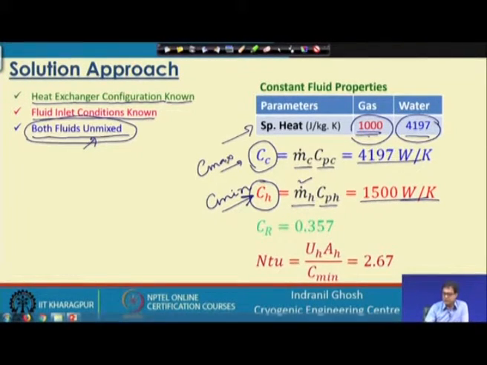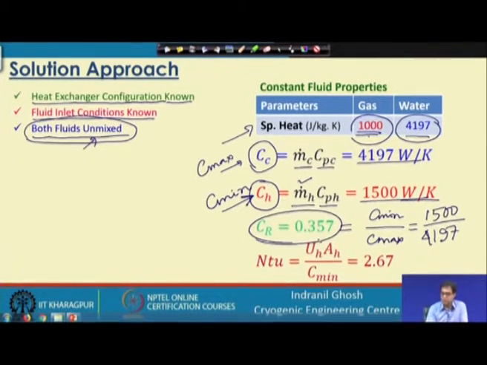So, accordingly we can write that Cr is equal to C min by C max. This will become C min equals 1500 watt per Kelvin, and C max is 4197. So, this will give us Cr equals 0.357.